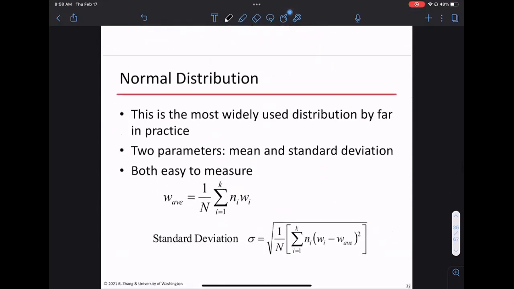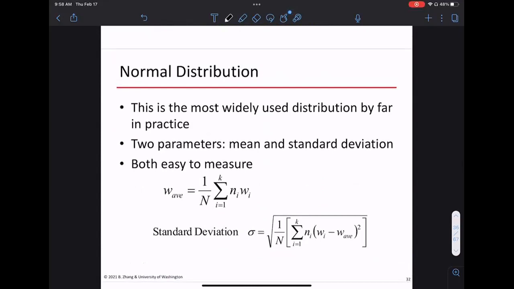In practice, Gaussian by far outnumbers everything else combined. It has two parameters, both very easy to measure. Once I measure them, I can do addition and subtraction and put things together.